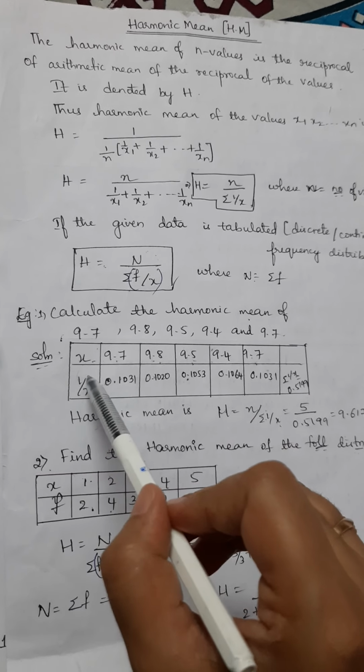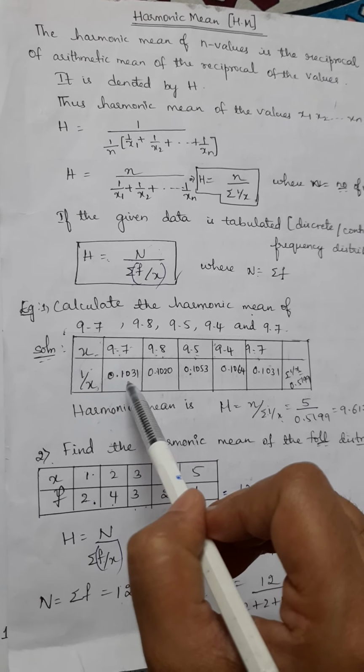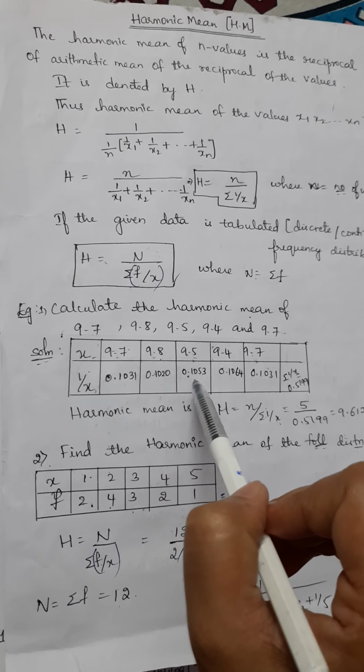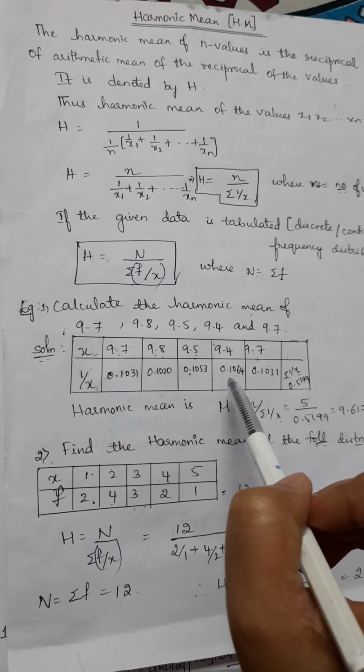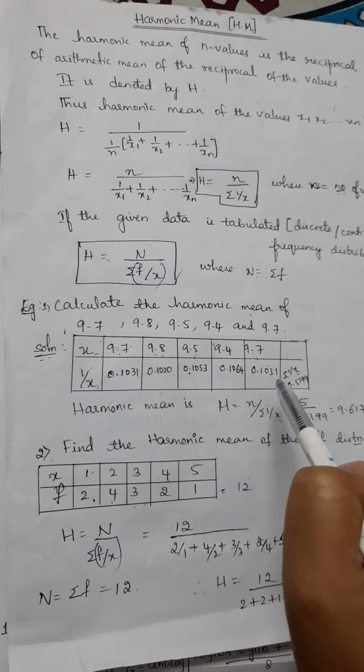So let us calculate 1 by x. 1 by 9.7 is 0.1031. 1 by 9.8 is 0.1020. 1 by 9.5 is 0.1053. 1 by 9.4 is 0.1064. 1 by 9.7 is 0.1031.